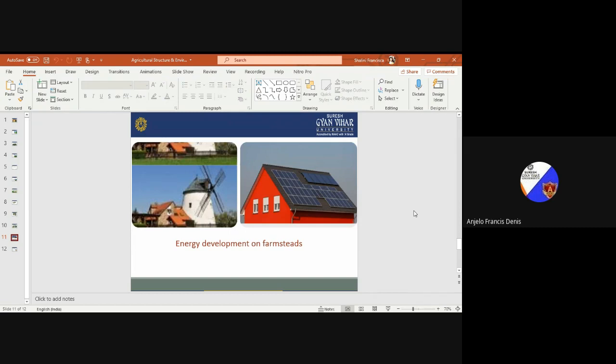Suppose in the area there is high speed wind throughout the year, we can go for installation of windmills. If it is a dry area, and for maximum days within a year we get sunlight, in that case we should go for installation of solar panels.